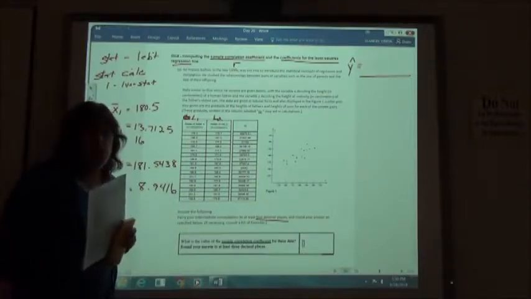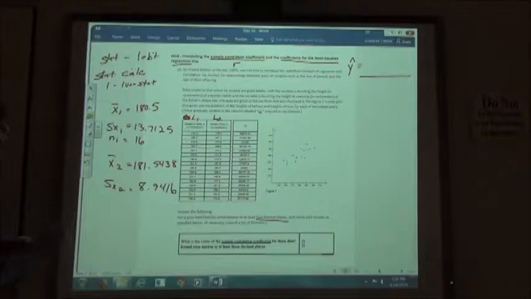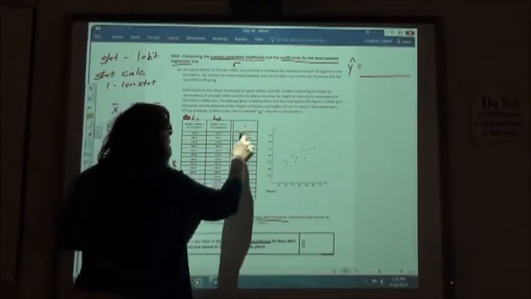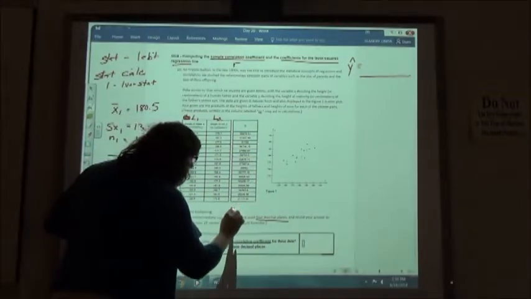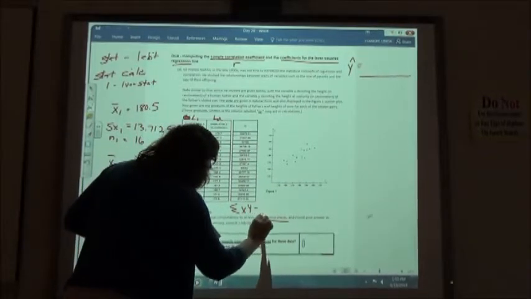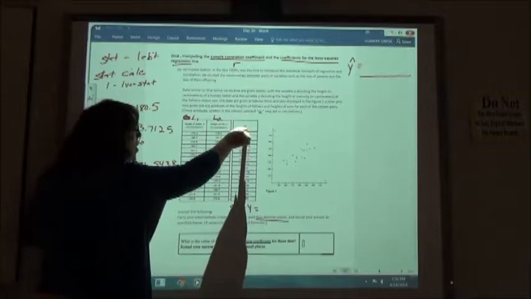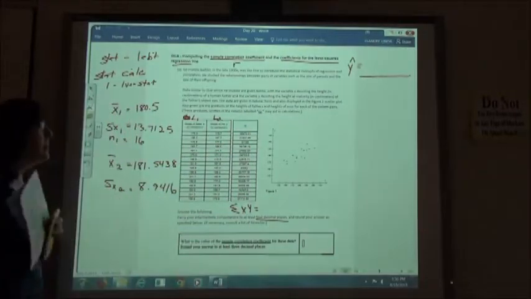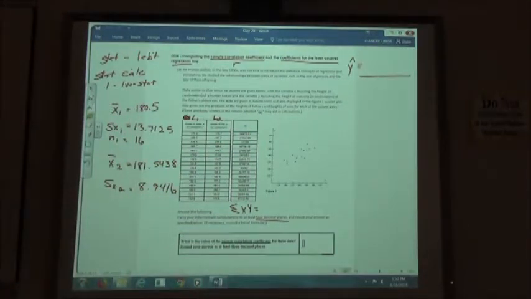The other thing you need to do in order to figure out the answer to this problem is find the sum of your XY column. So here's my symbol for sum. It looks something like that, the sum of XY. So you'll want to go through and add all the numbers up that are in your XY column. Again, go ahead and just pause the video, add them all up.